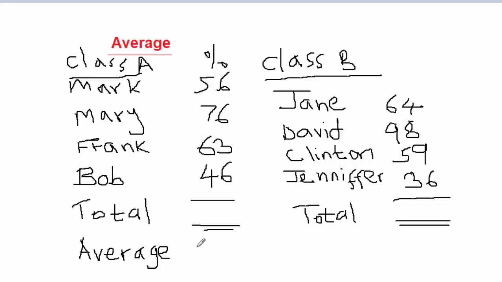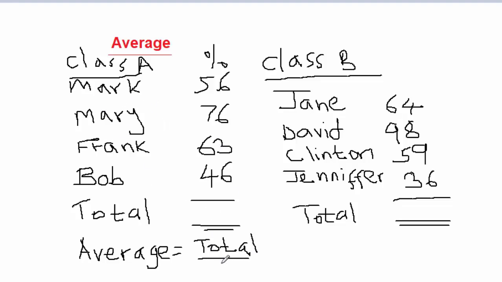Okay? So, in order to calculate average, I will just use this total, which I will get here, divide by the number of students. Okay? So here we have 4 students.